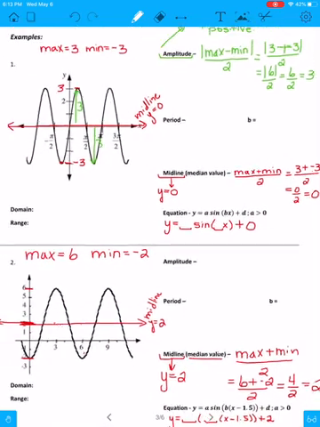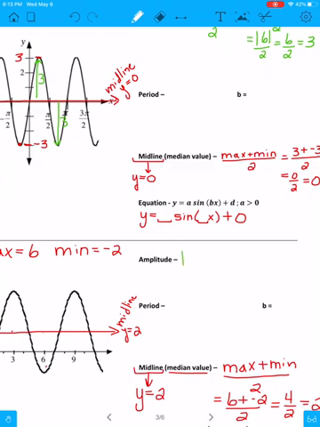The amplitude is the absolute value of the maximum minus the minimum divided by 2. So in this equation, my maximum is 6 and my minimum is -2. So I'm going to do absolute value of 6 minus a -2 divided by 2. 6 minus a -2 is the same as saying 6 plus 2, because when your two minuses touch, they make a positive.